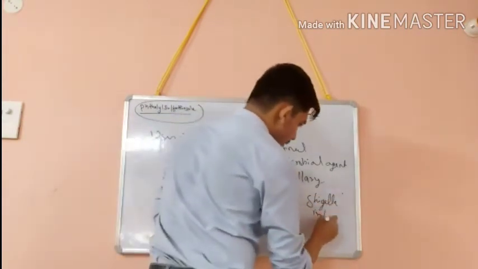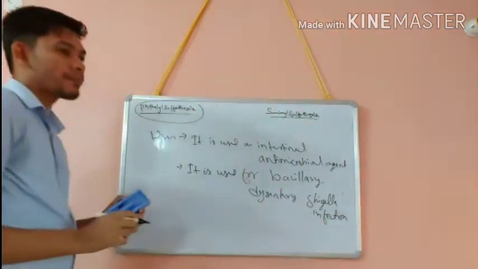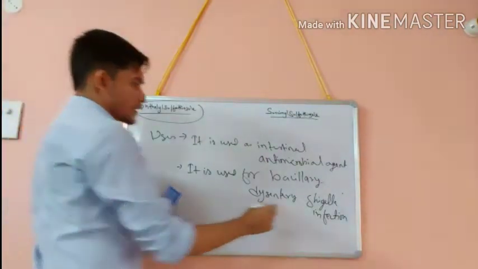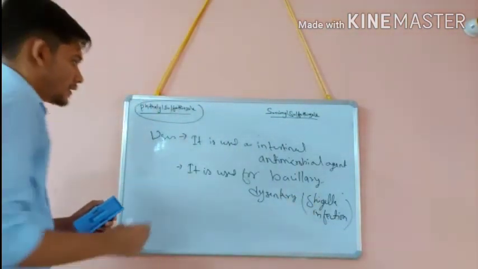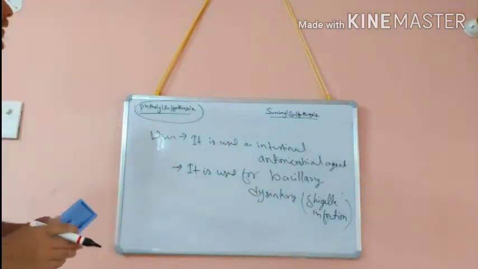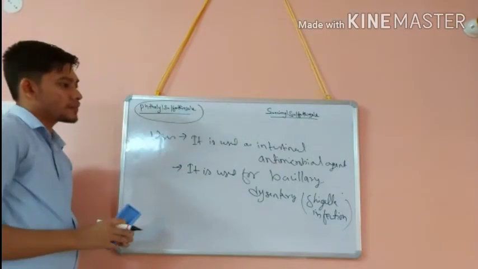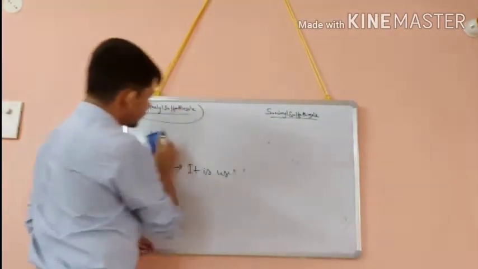Shigella infection, that is caused by one type of Enterobacteriaceae. Okay, so this is Shigella infection. So this is the main use of this phthalylsulfathiazole. Okay, so next what are the formulations?